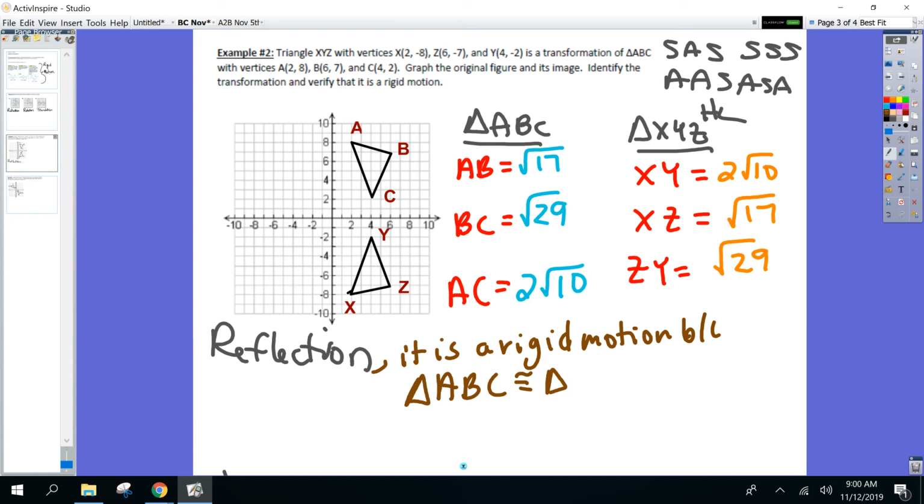If I go ABC, what do we got to match it up with? Because it's not XYZ. XZY, yep. Be careful there. That's a little trap. By, how do you know they're congruent? Side, side, side. Okay.